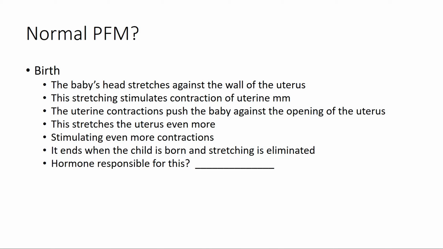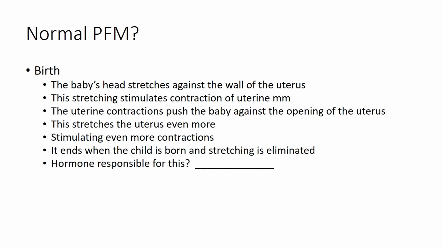Okay, an example of the only positive feedback mechanism that's considered normal is birth. So during the birthing process, the baby's head is pushing against the wall of the uterus, and that causes the uterus to contract harder, and the harder the head pushes, the harder the contraction.